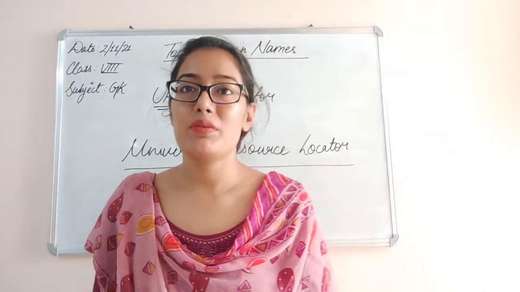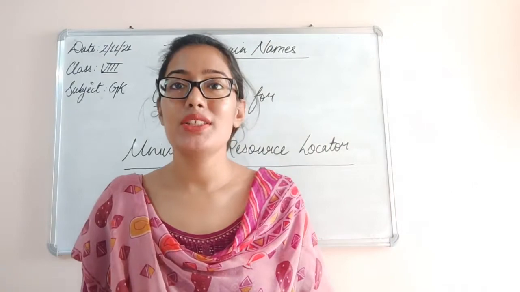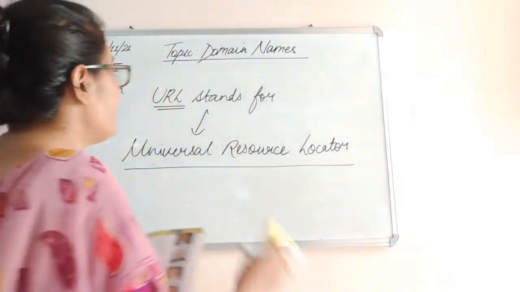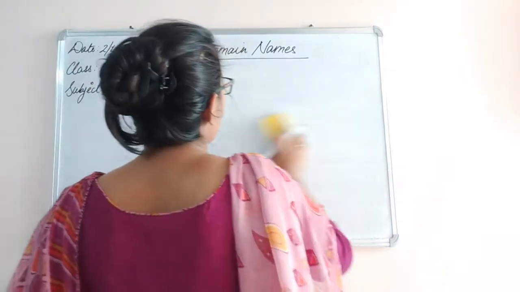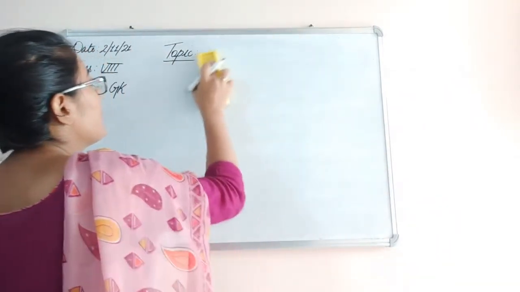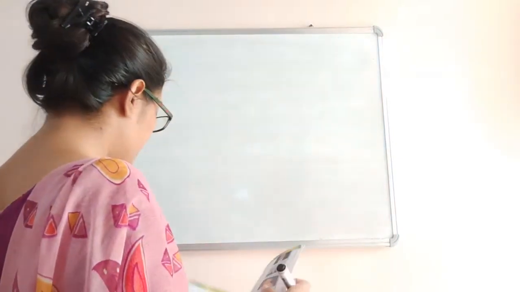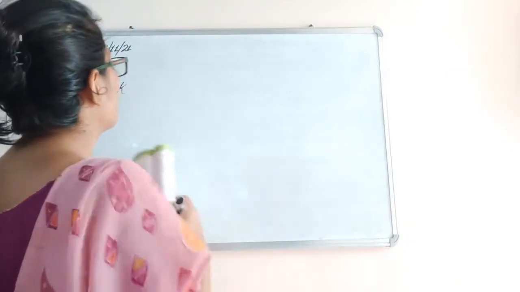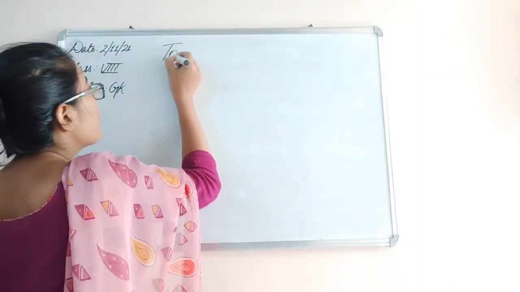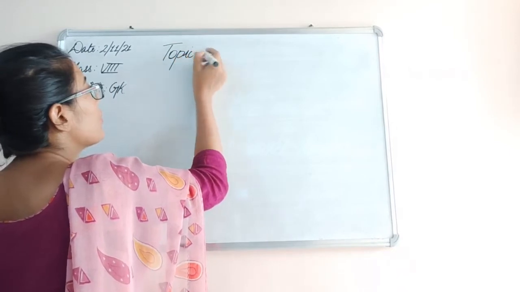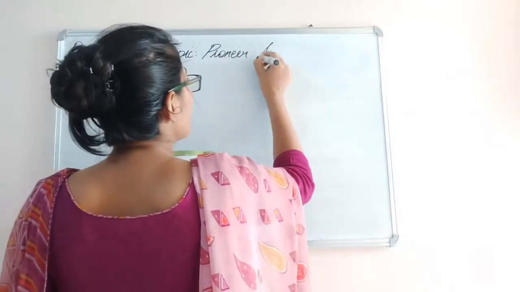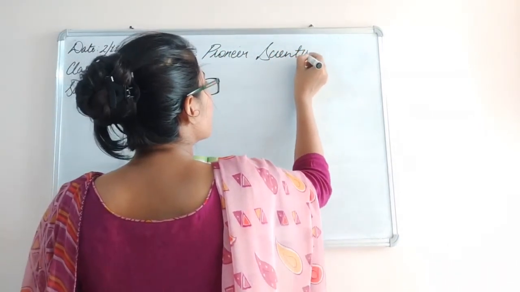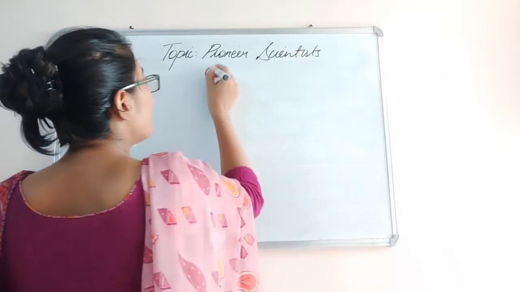By this, we have come to an end of this particular chapter, that is domain name. Now, let's continue with another chapter of your book, that is chapter number 37, topic pioneer scientist of India.